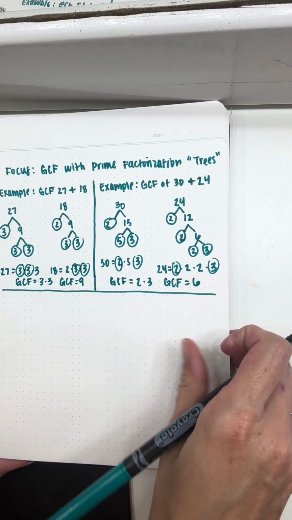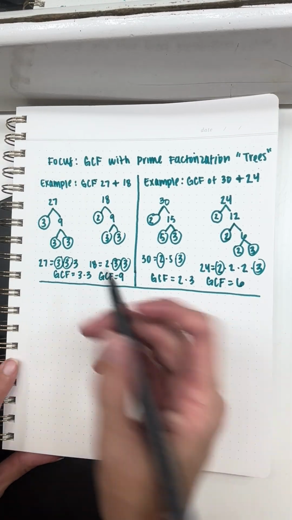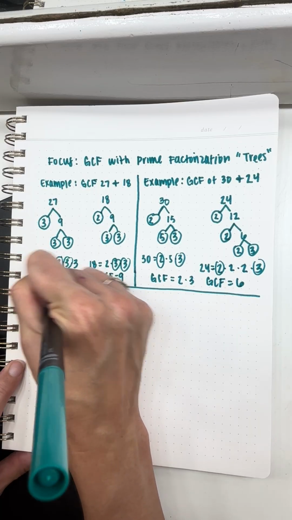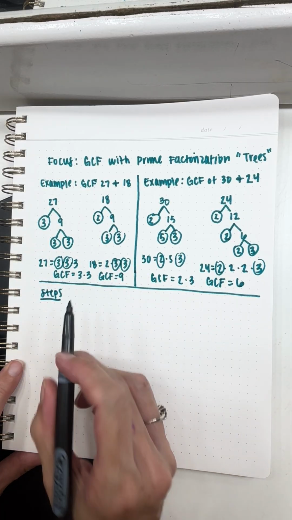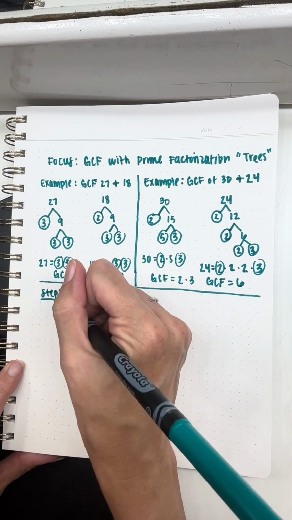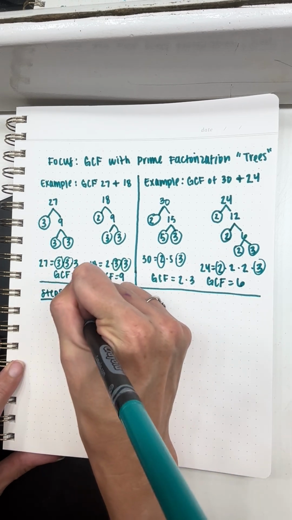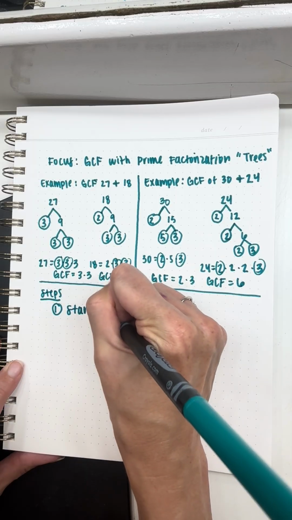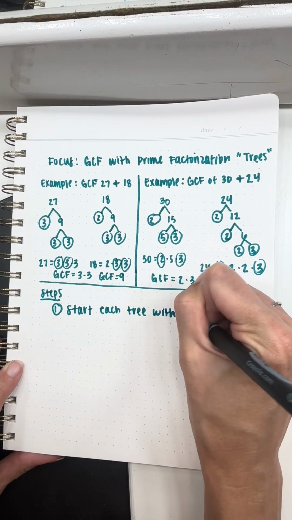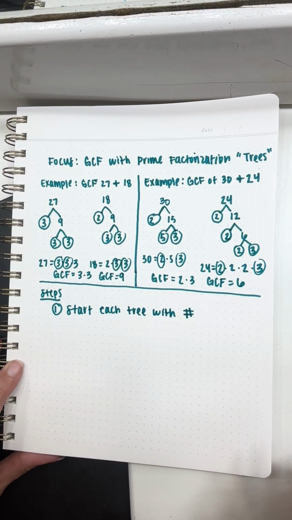Now I'm going to list out the steps. Rather than writing important to remember, I'm just going to write steps. And I'm going to number them and list them off. If you recall, our first step was starting each tree. So, start each tree with the number.